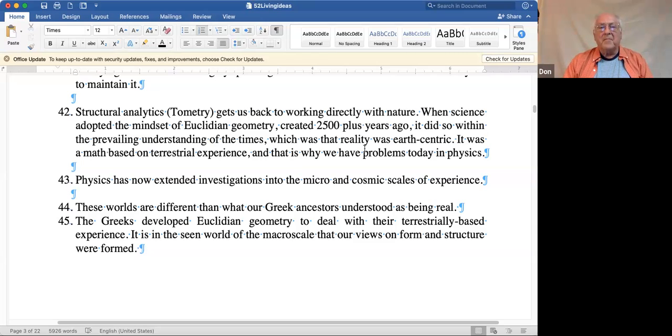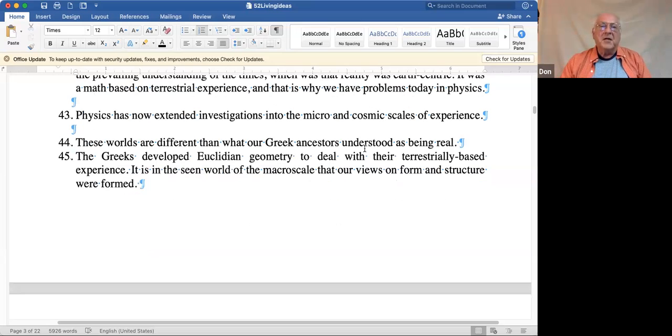It was a math based on terrestrial experience, and that is why we have problems today in physics. Physics is now extending investigations into the micro and cosmic scales of experience, and they need a tool to do that. These words are different than what our Greek ancestors understood as being real.